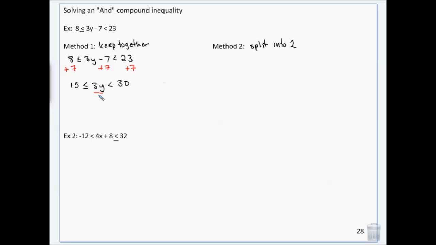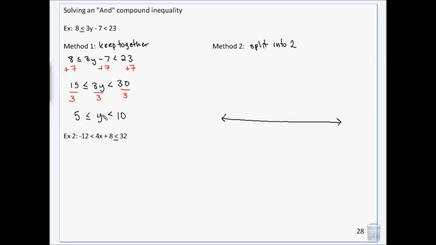And then I'll divide by 3. And again, I do that to 3 places instead of 2. And I get 5 is less than or equal to y is less than 10. The nice thing about the intersections done in this method is that when you go to graph them, it tells you that the y is in between 5 and 10, so that tells you where to shade.